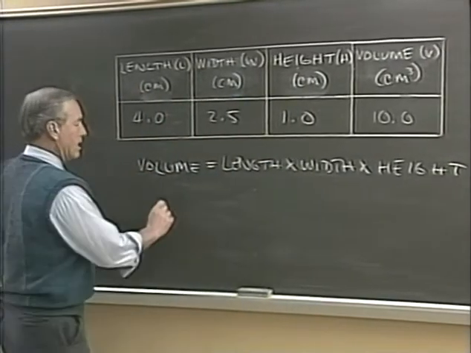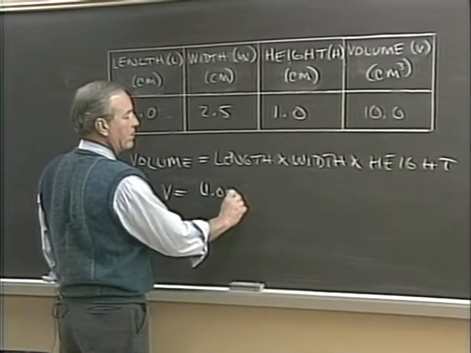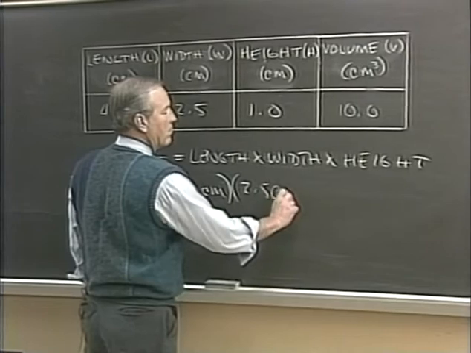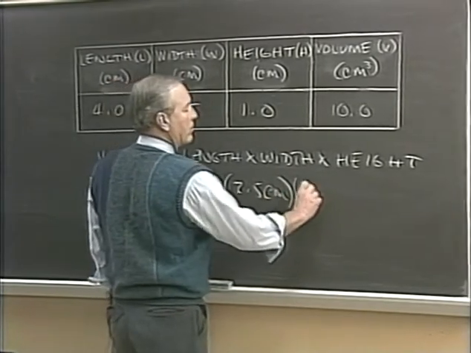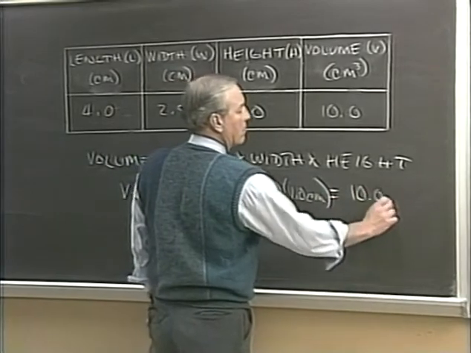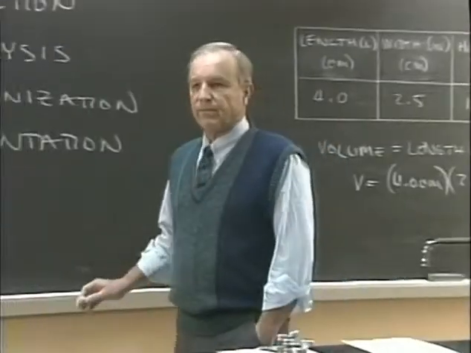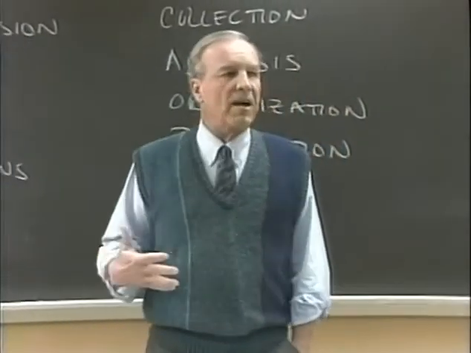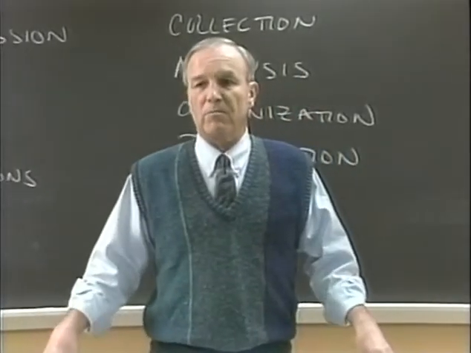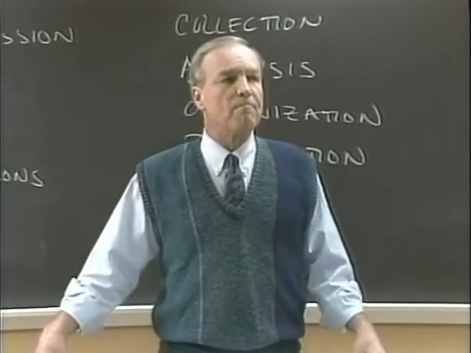And we would then write down that the volume of this rectangular solid equals 4.0 centimeters times 2.5 centimeters times 1.0 centimeters equals 10.0 centimeters cubed. The sample calculations itself should include an example of each type of calculation you're required to make in the process of analyzing and reducing your data, such as this.